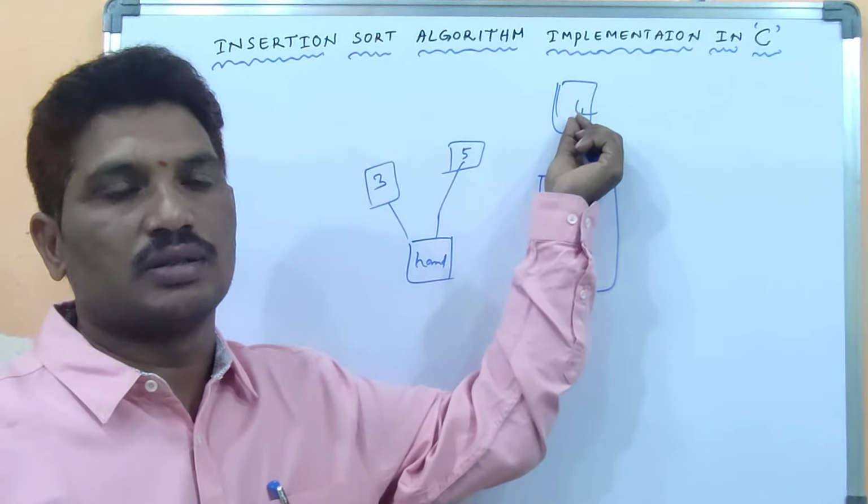Suppose the indices are 0, 1, 2, 3, 4, 5.